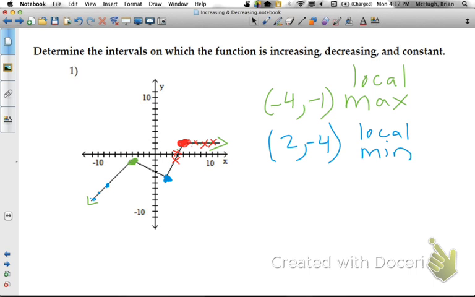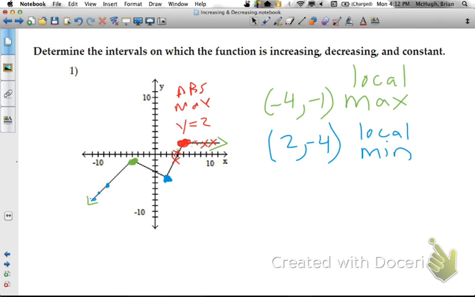We may be able to say that y equals 2, which are all of these points, are the absolute max for this function. This function has an absolute max of y equals 2 because all of those points have the same y value. That's the highest that the graph will go if it continues horizontally.